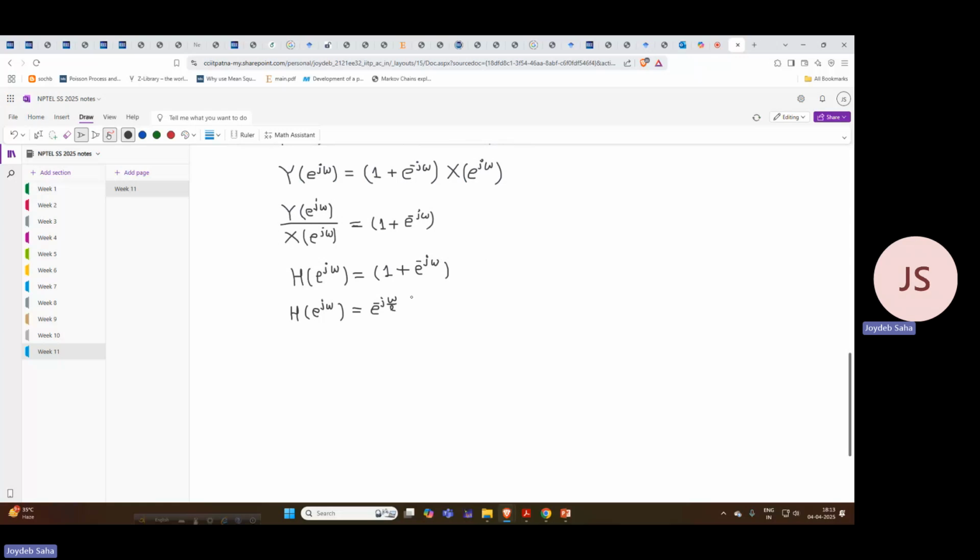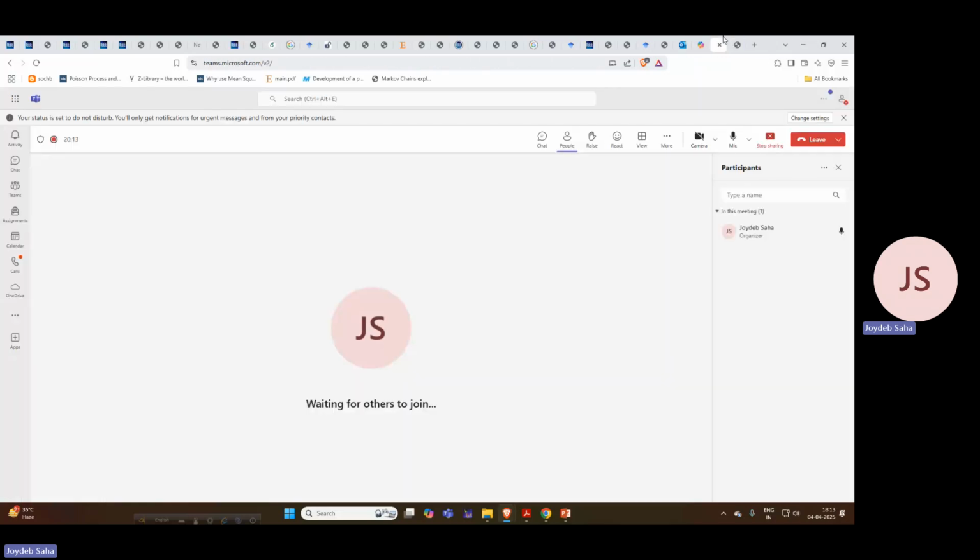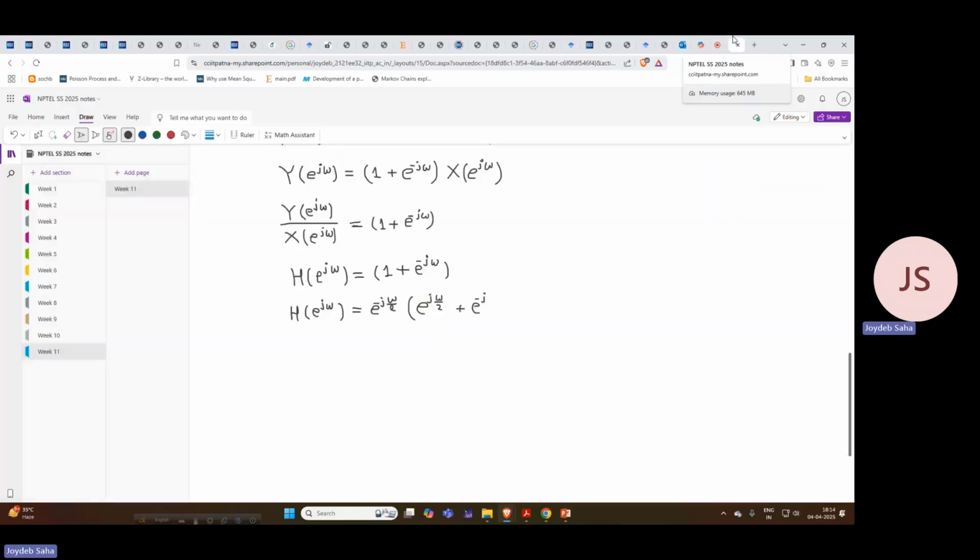If we take common, then it will be e to the power j omega by 2 plus e to the power minus j omega by 2.